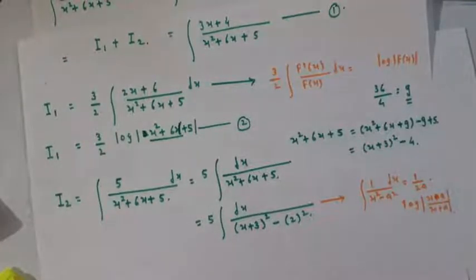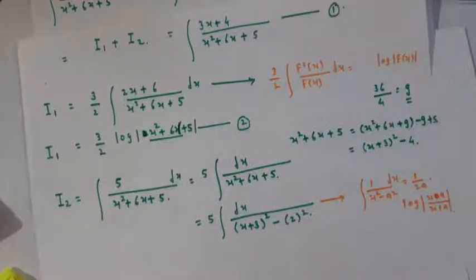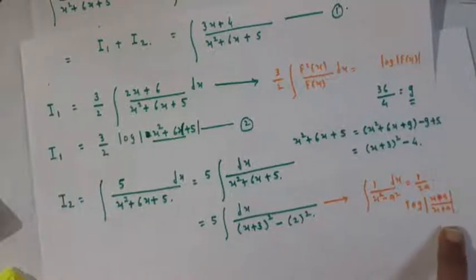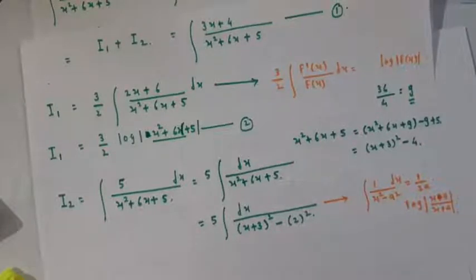By using this formula, we can solve the integral. Okay students, and now the integration is log of (x minus a) upon (x plus a). By using this, we can find out the integration.